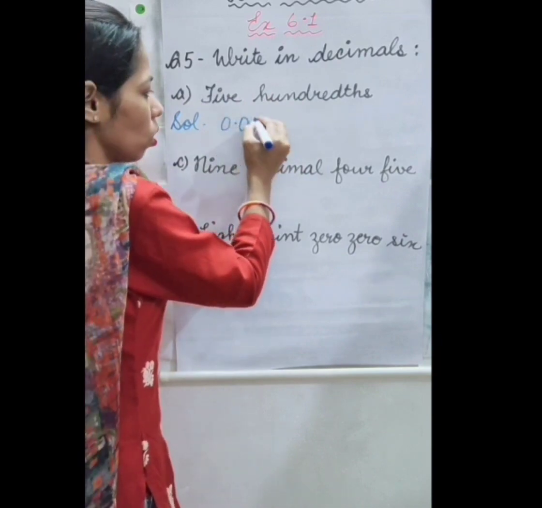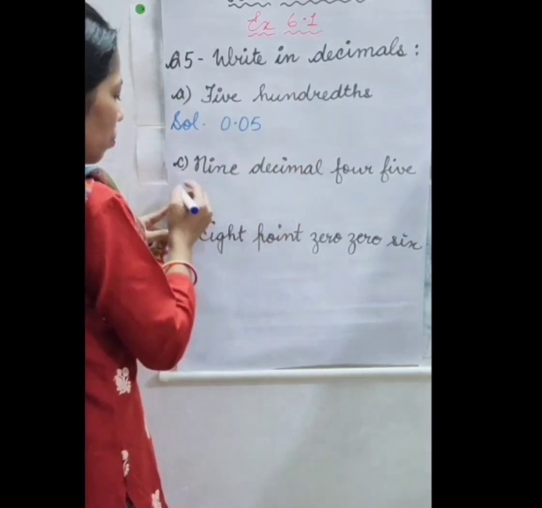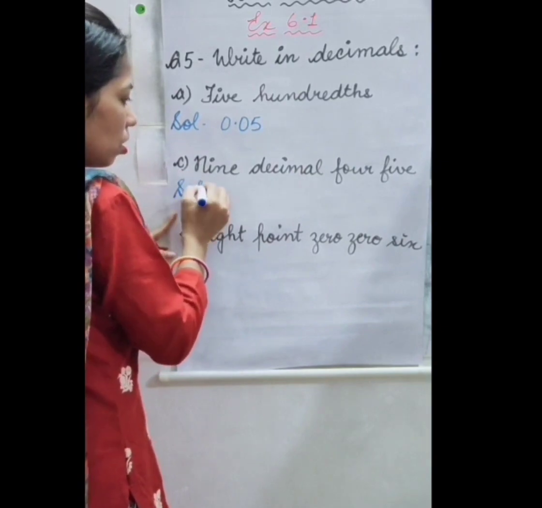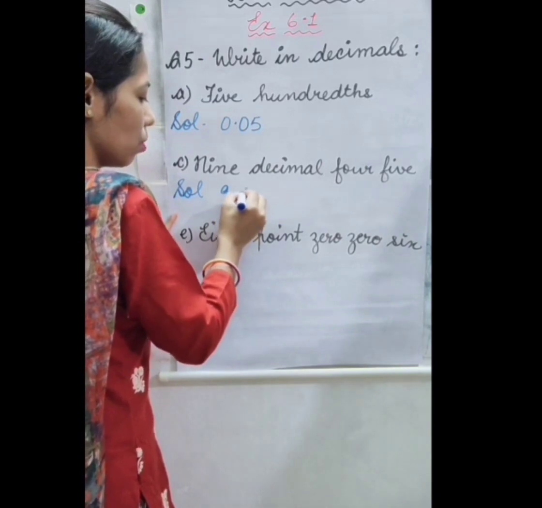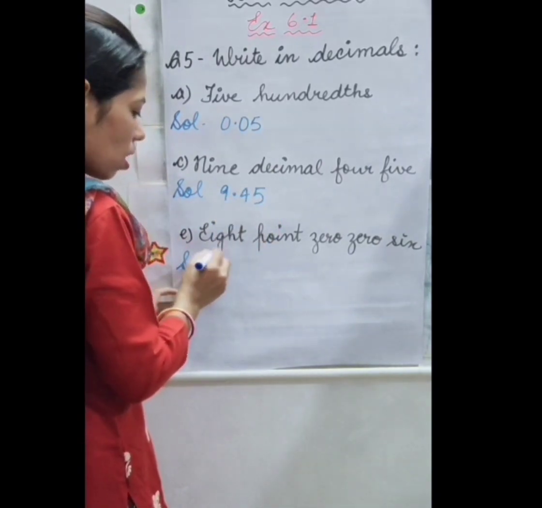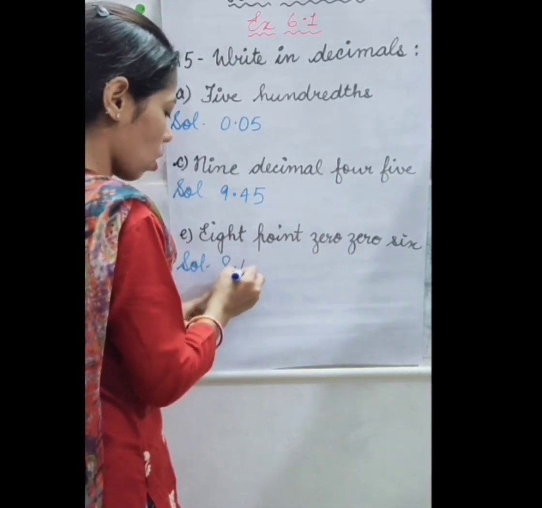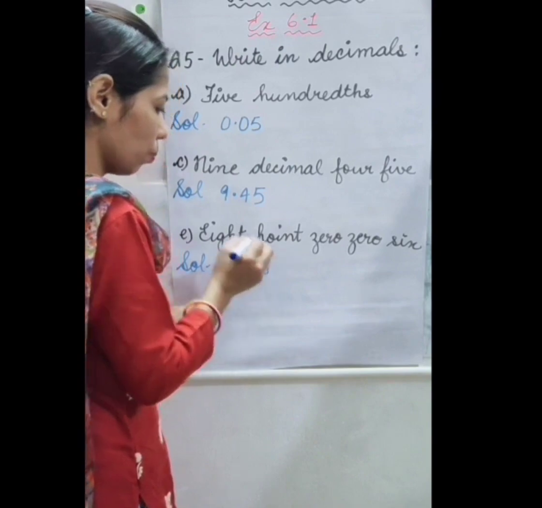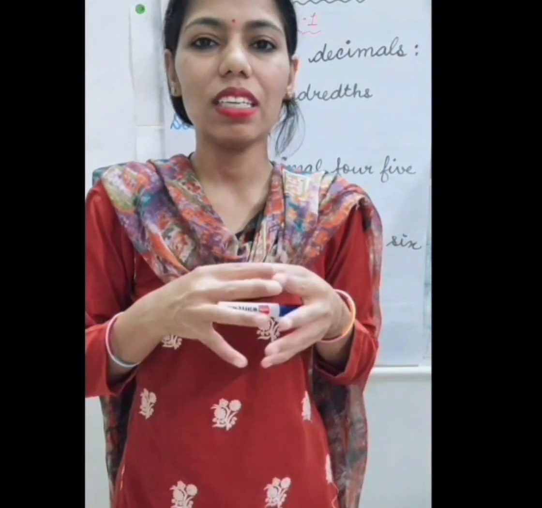At tenths we will write 0, then 5. So 5 hundredths. Then next is 9 decimal 45. E part is 8.006.